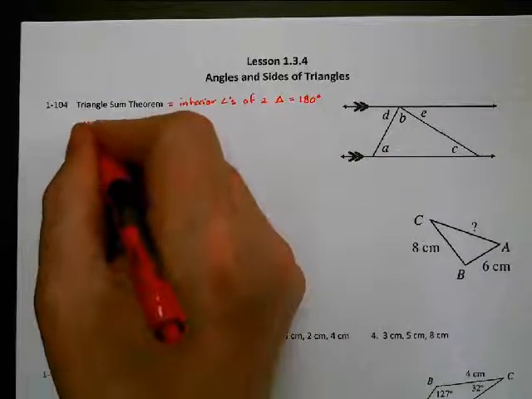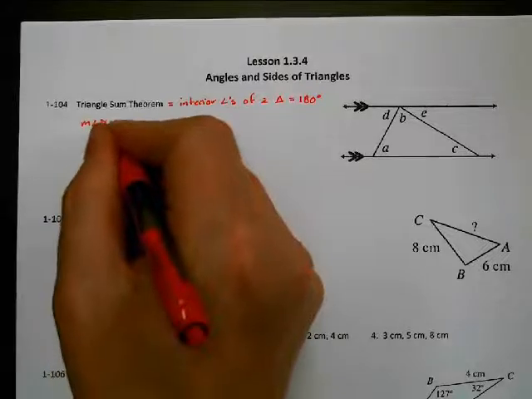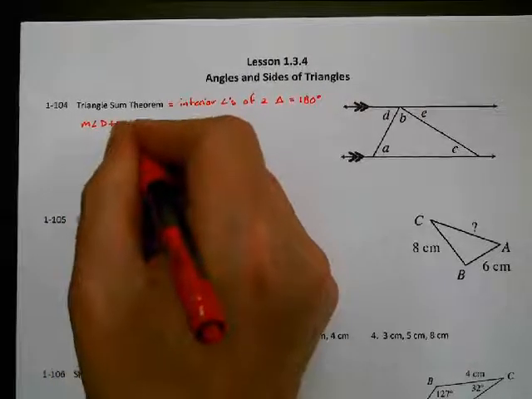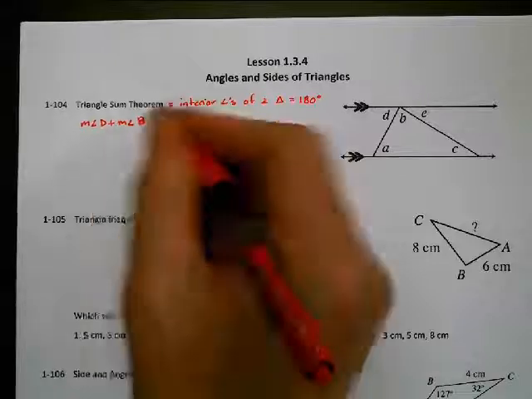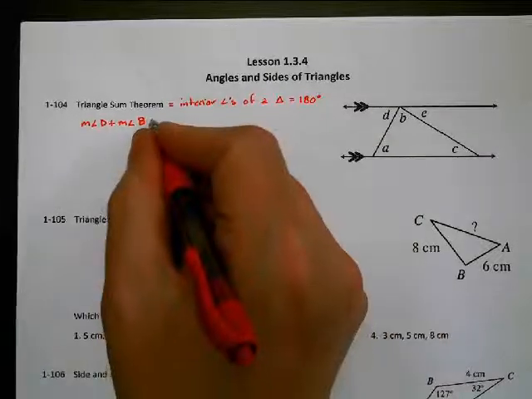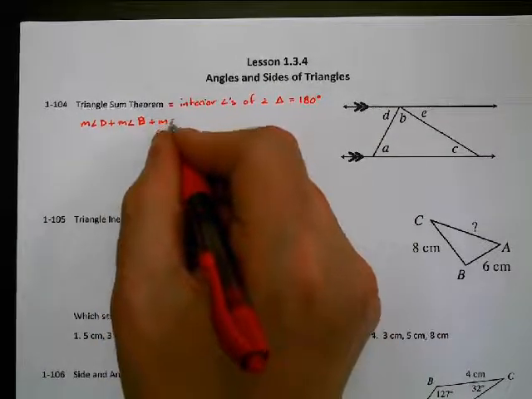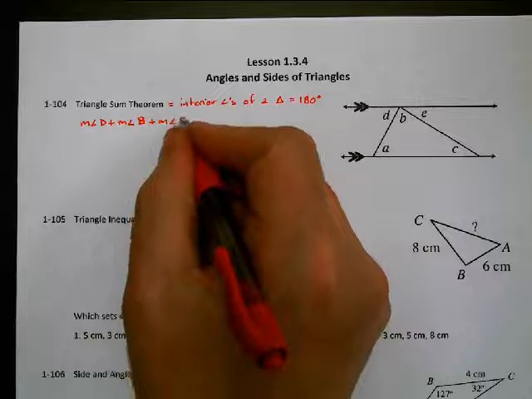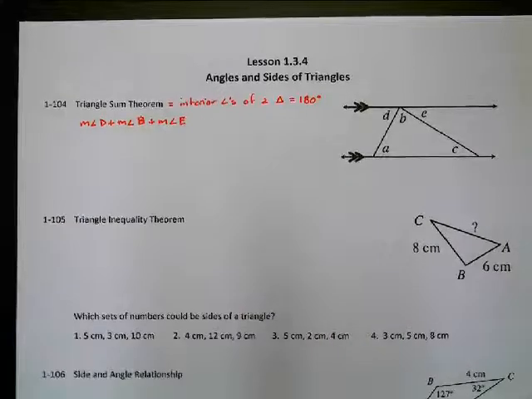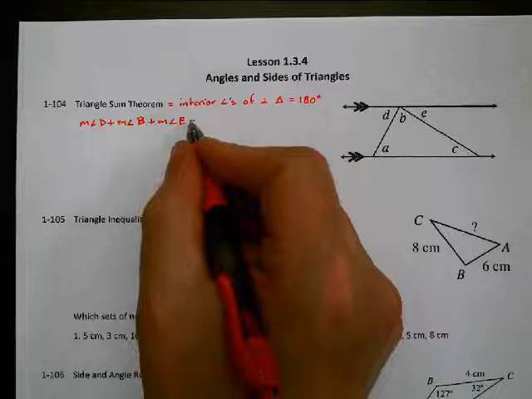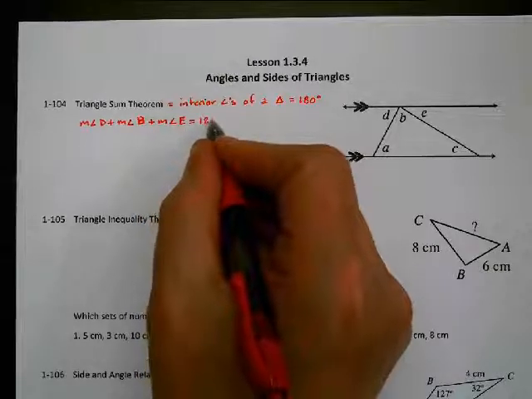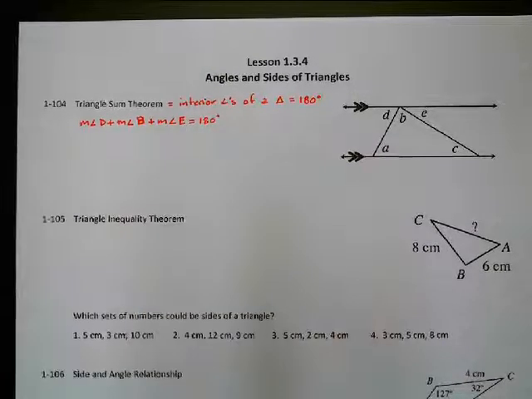So I'm going to say the measurement of angle D plus the measurement of angle B, let's use capitals, plus the measurement of angle E, those three angles together, since they make a straight line, should be 180. So we're just adding up the angles, and they should equal 180.